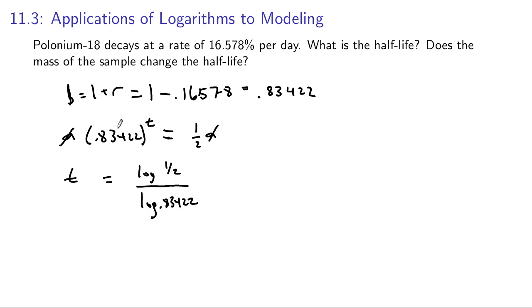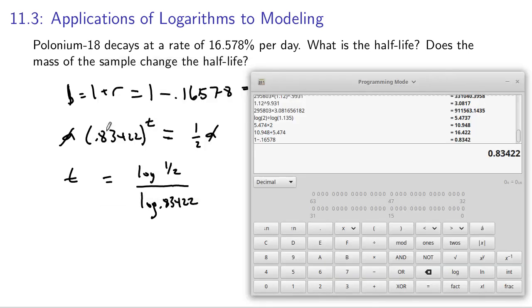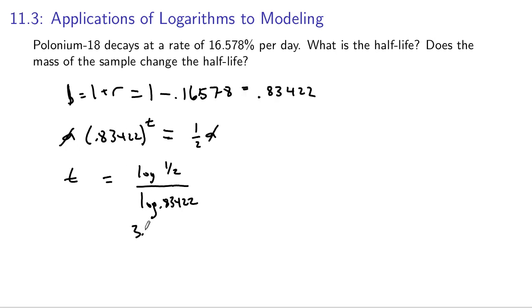Because when I take log of both sides, t comes in front, and I can divide both sides by log 0.83422 to get log of 1/2 over log of 0.83422. So we can find the half-life then, log of 1/2 divided by log of 0.83422 gives us 3.824 as t of half-life. 3.824 days is our half-life.